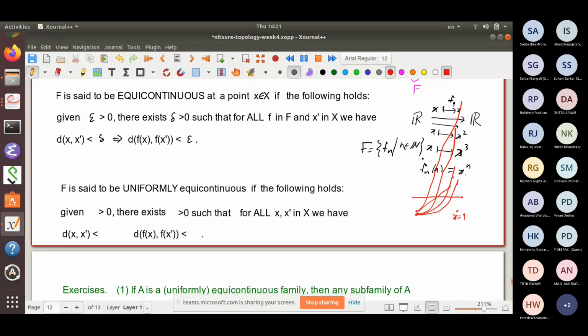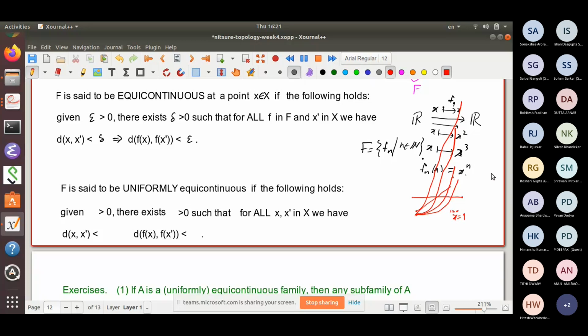And therefore, to have that same variation by epsilon, my delta needs to be smaller and smaller. So each higher power is going to need a smaller delta at x equal to 1 or x equal to 10 or whatever. If x is less than 1, I am not going to get a problem. But if x is greater than 1, I am going to get a problem. Again, I will get a problem on the negative side beyond x equal to minus 1.